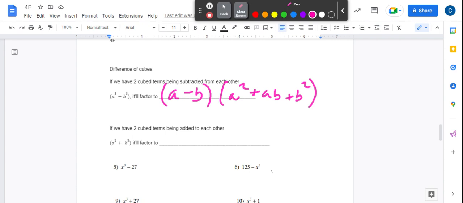So, a quick example here. Let's say we have something like 27x cubed minus 64.